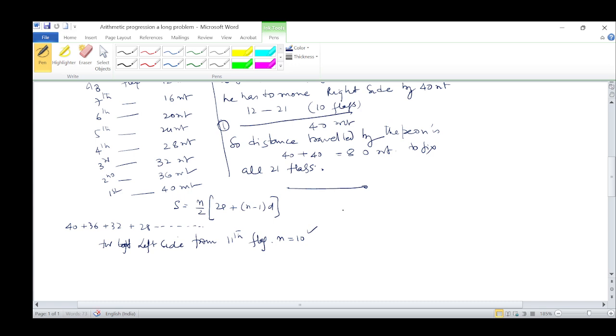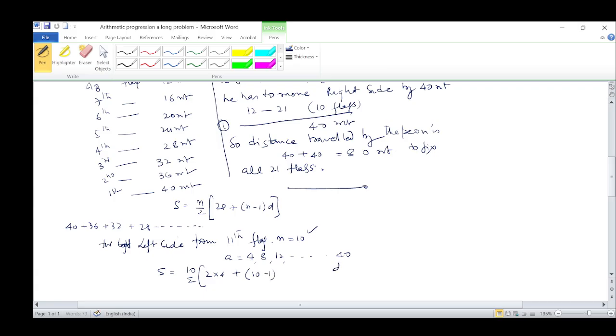And a, the first distance travelled, is 4, the next is 8, the third is 12, and so on, up to 40. So we add all of this by the formula: S = 10/2 [2 into 4 plus (10 minus 1).